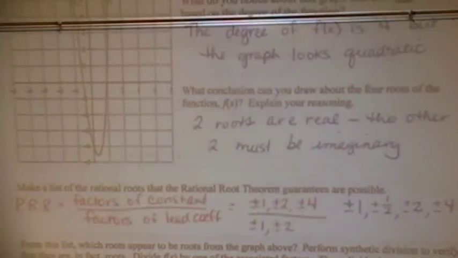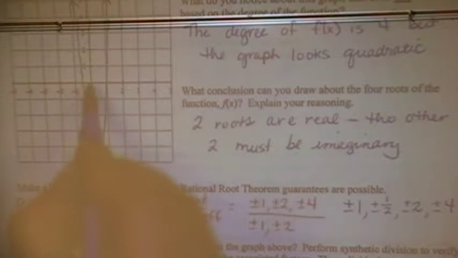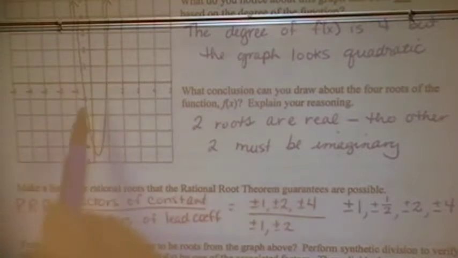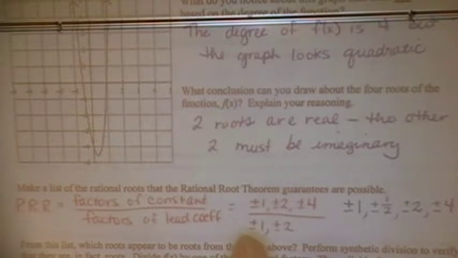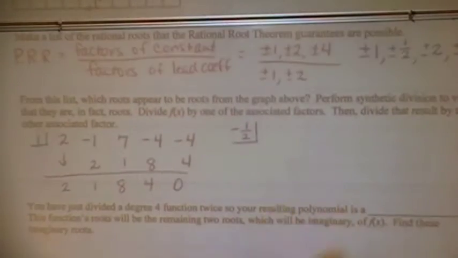And then if I'm looking at my graph, it looks to me like that's pretty much in the middle. So I'm going to go with -1/2. And I'm going to use what I was left with here.